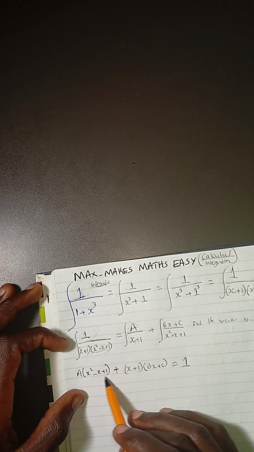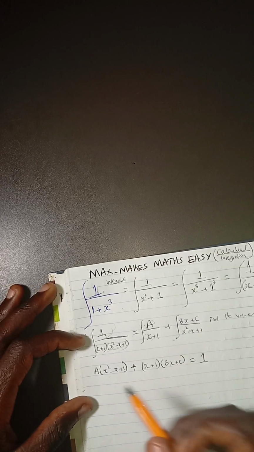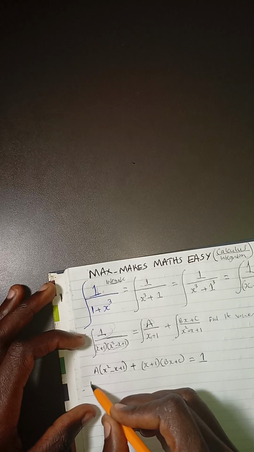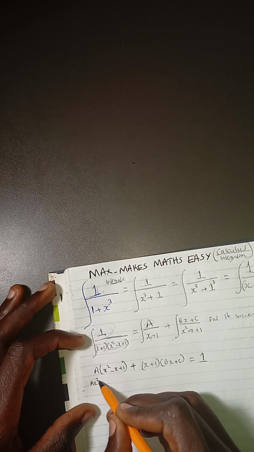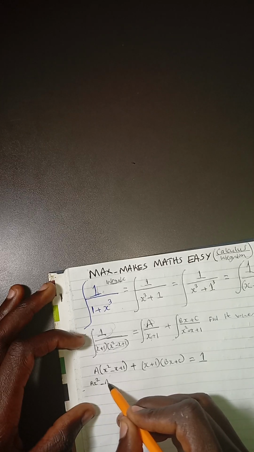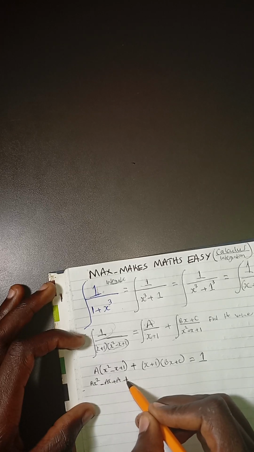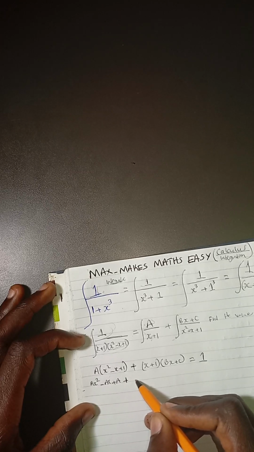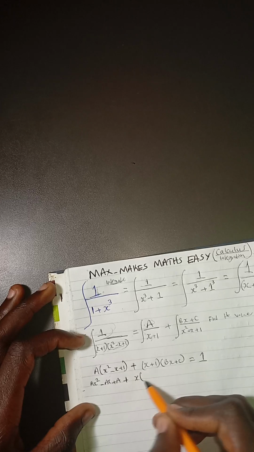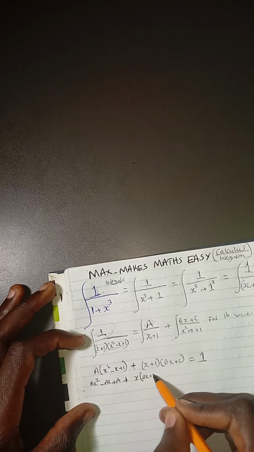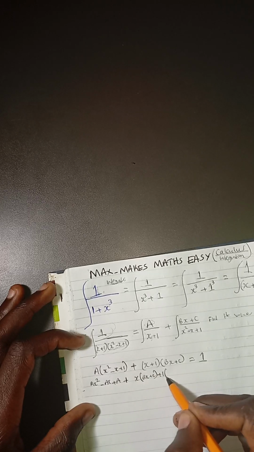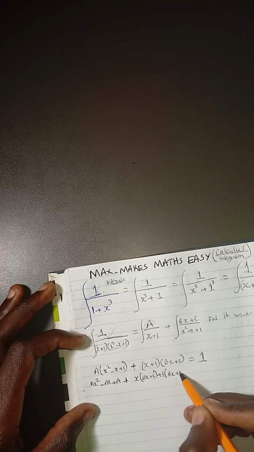So what we're going to do, we're going to open the brackets. When we open the brackets, this becomes ax squared minus ax plus a, then plus x into bx plus c, then 1 into bx plus c.